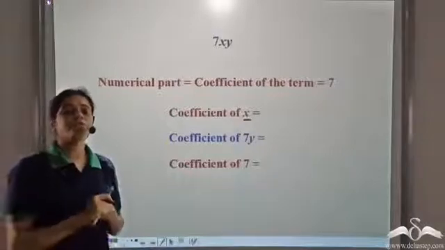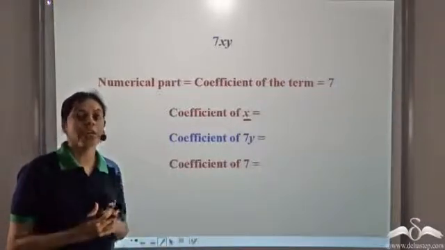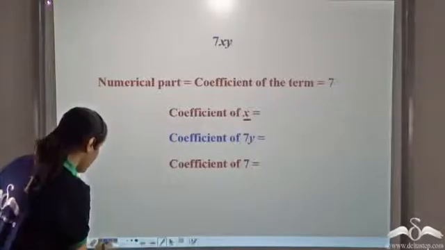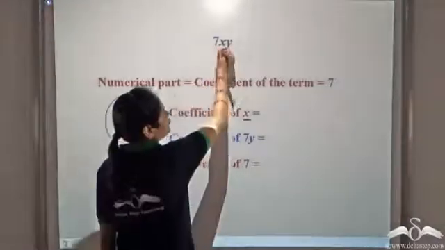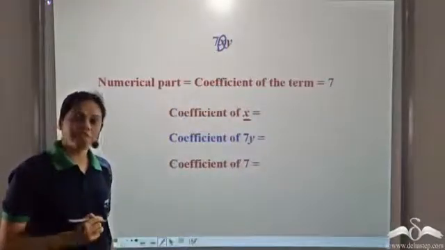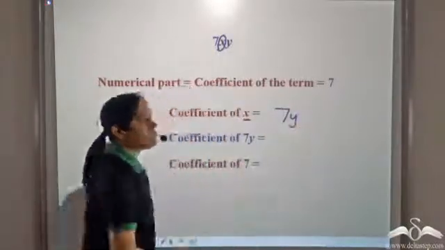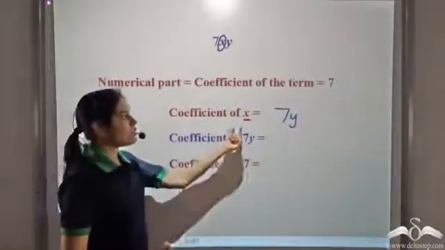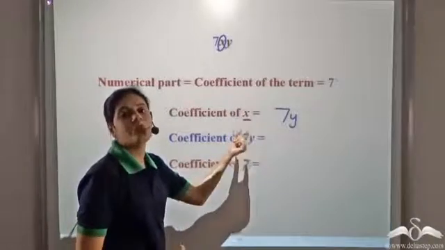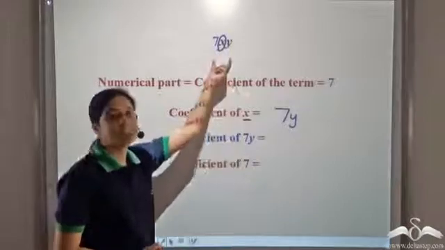Now the coefficient of x is whatever is left after removing x from the term. So if we remove x from this term, we'll be left with 7y. So the coefficient of x in this term will be 7y. That is, whatever is left after removing x from the term is the coefficient of x in this term.